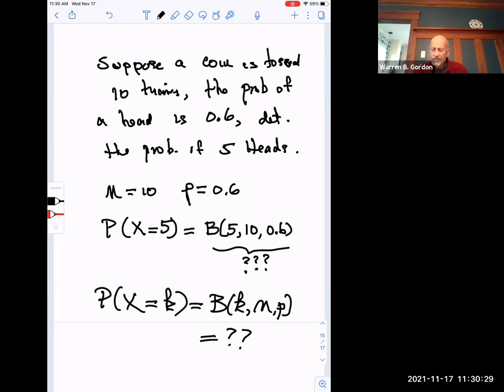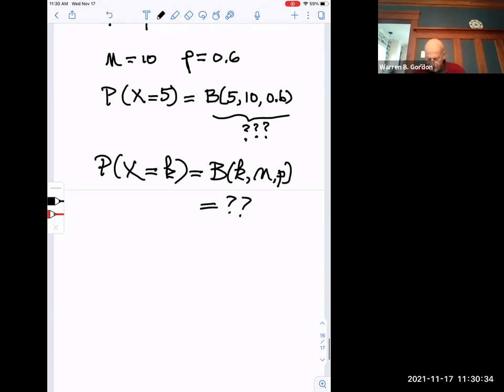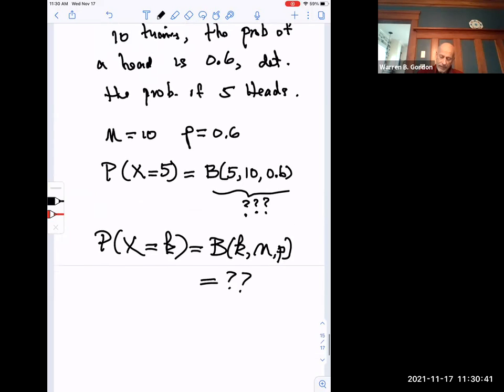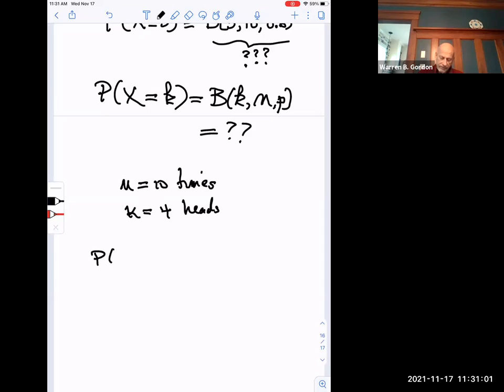So let's suppose I consider this example. If I'm getting 5 heads, what could happen? Remember, what's happening in this problem? I'm tossing a coin 10 times. Suppose instead of 5 heads, because I don't want the numbers to be the same, I wanted the probability of getting 4 heads. So we want to compute P of X equal 4.